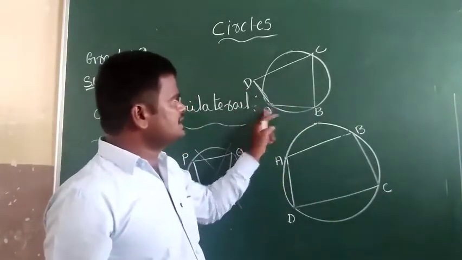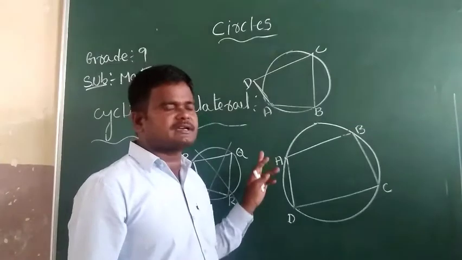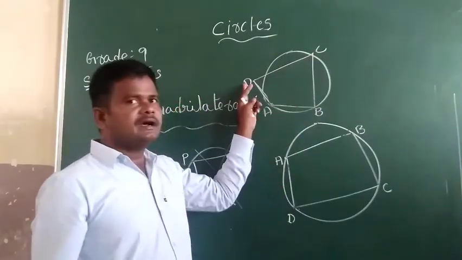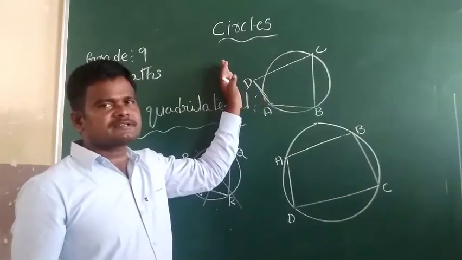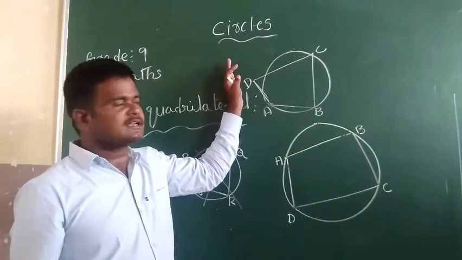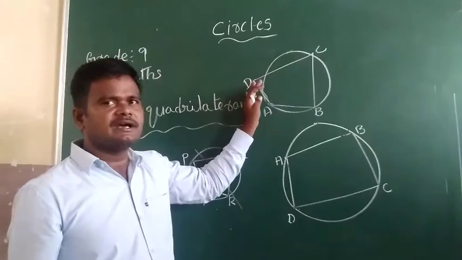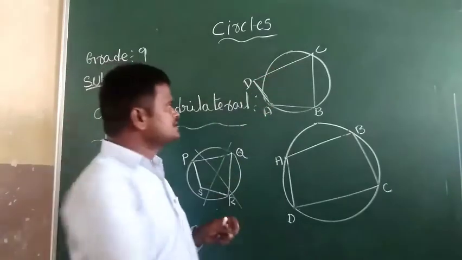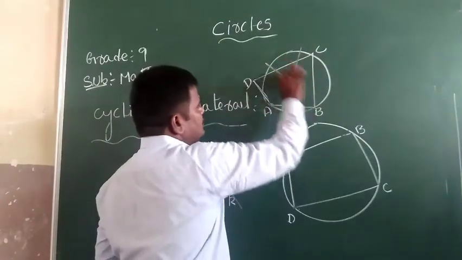Here A, B, C lie on the circle, and D is outside the circle. The vertex D is not on the circle. So it is not a cyclic quadrilateral.